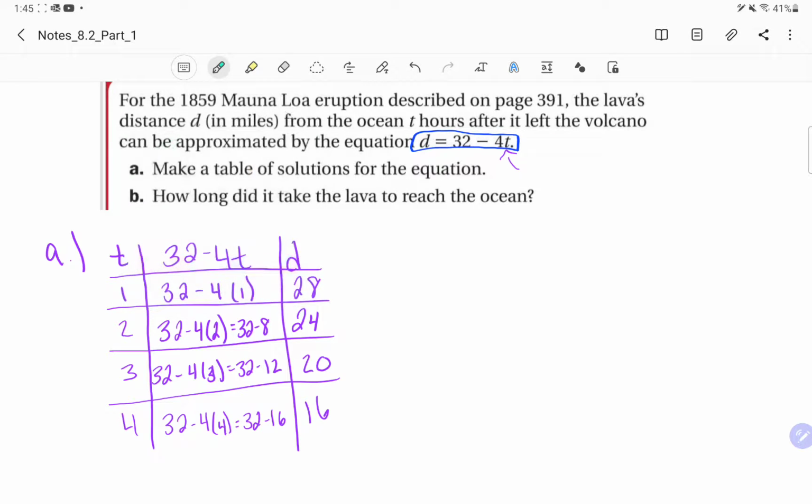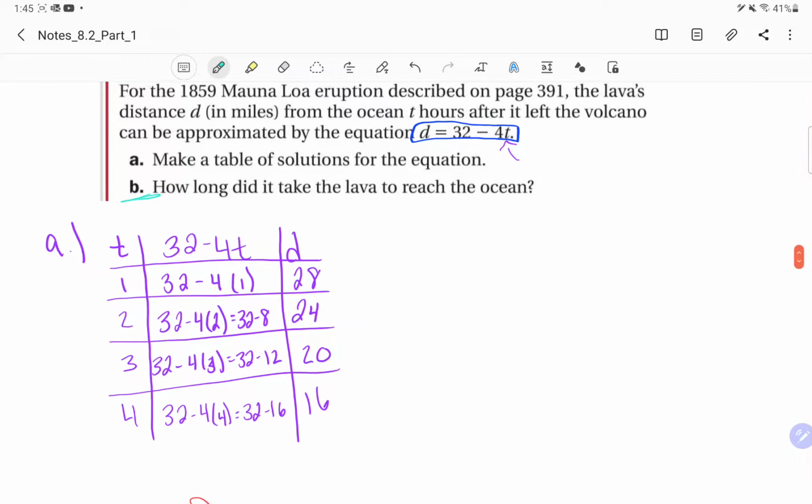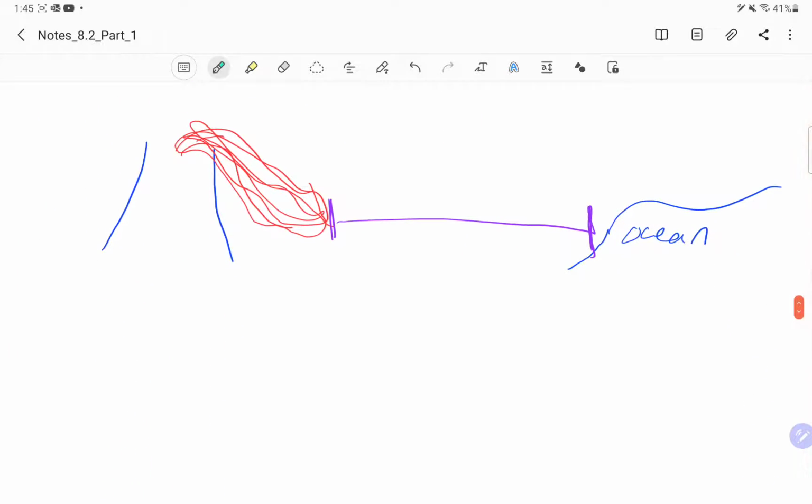Part B tells me how long did it take the lava to reach the ocean. So for part B, you have two options basically, all right? But what it means is, okay, the lava's flowing down the mountain and towards the ocean. They want to know how much time has passed when the lava gets to the ocean.